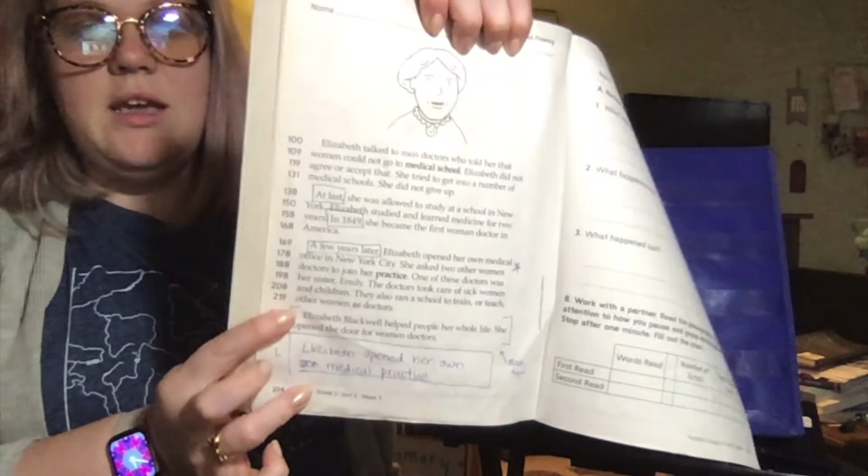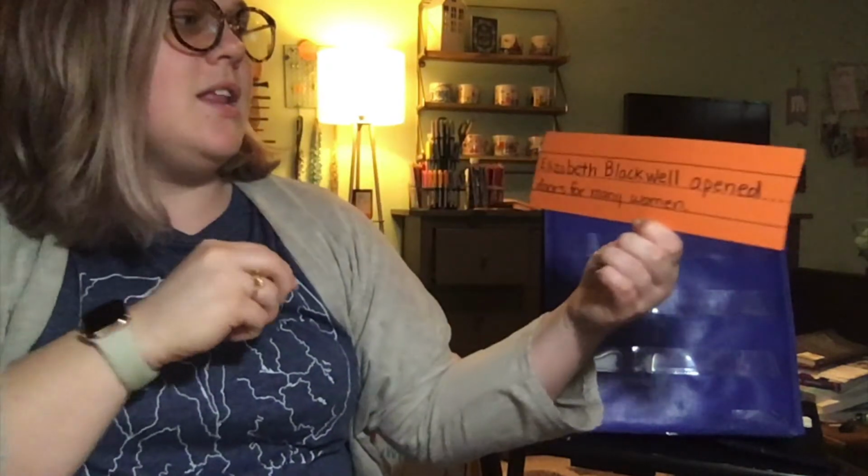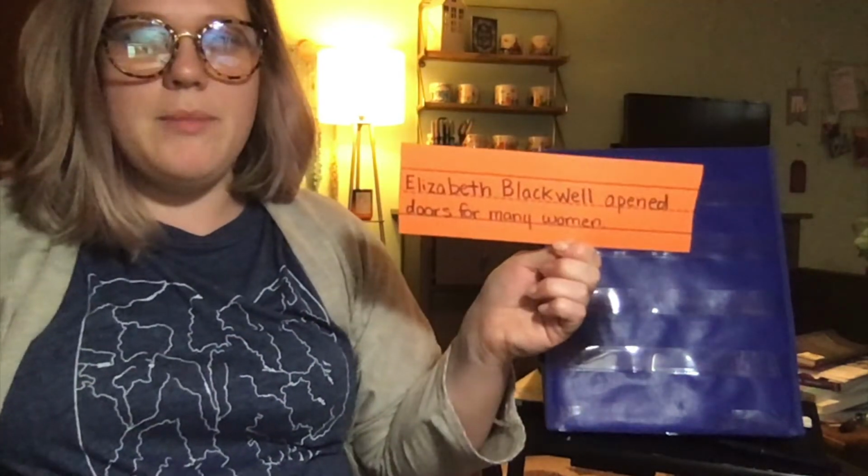So in my text, I've marked down here that the main topic came from the last paragraph, which said, Elizabeth Blackwell helped people her whole life. She opened doors for many women. So I want to take that main topic and put it in my own words, which I've done. So my main topic is, and the first sentence of my summary is, that Elizabeth Blackwell opened doors for many women.